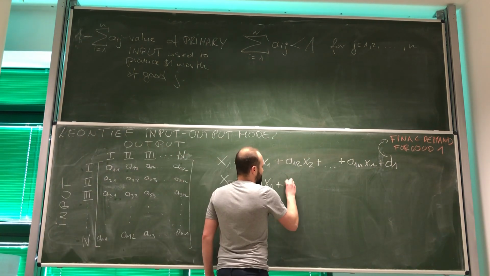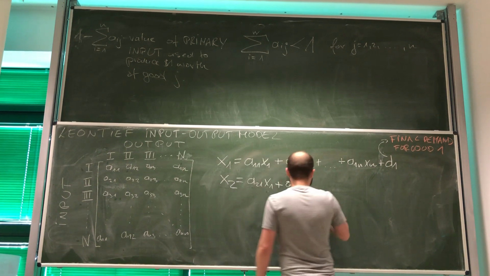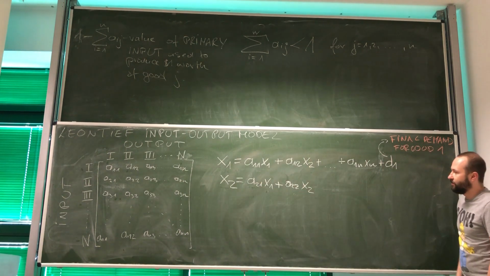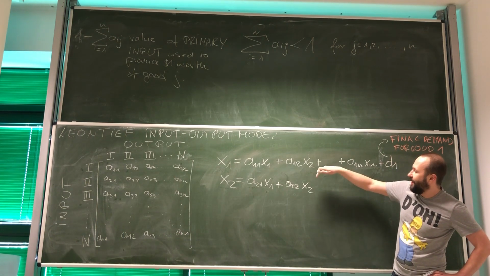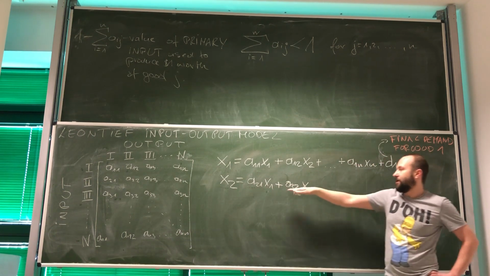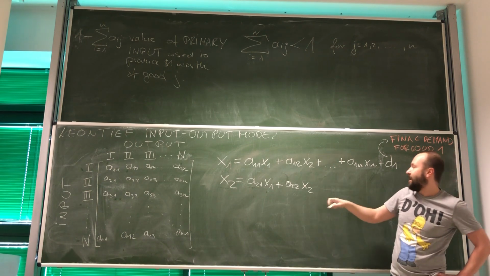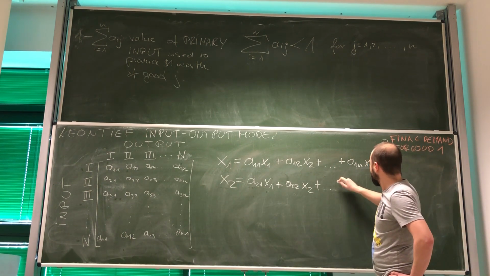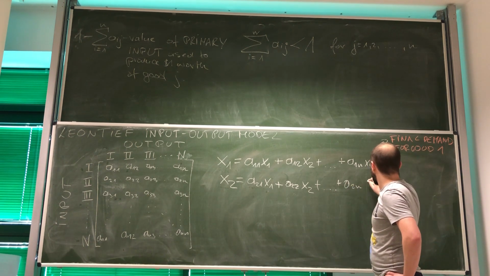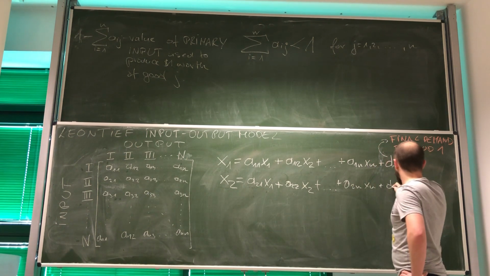And the same, the more we produce of good 2, the more we need of good 2 in order to produce it itself. Of course, those coefficients sometimes can be zeros. And it goes on like this until good n plus final demand.